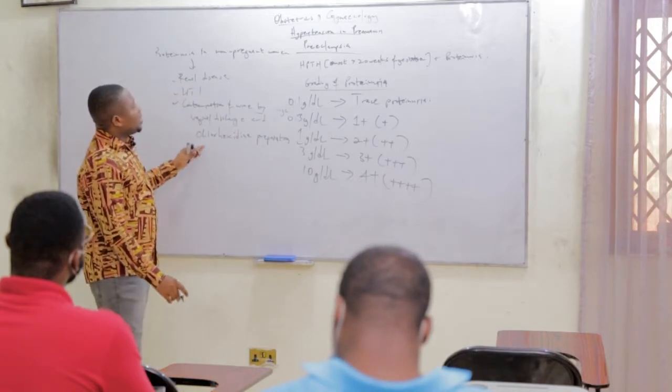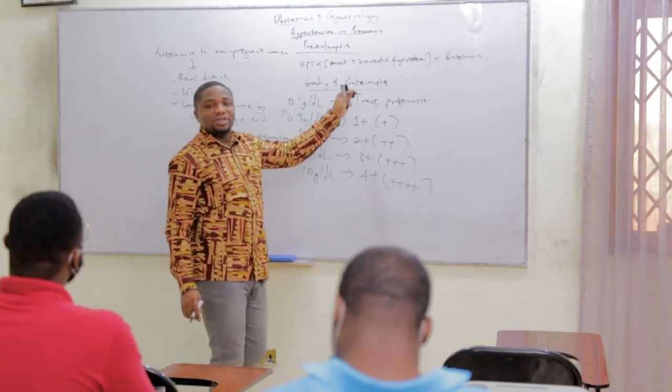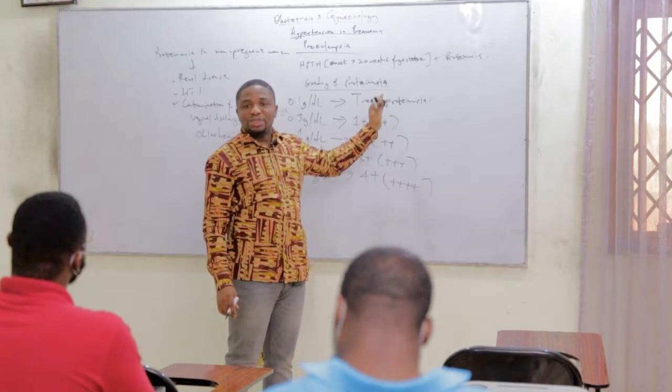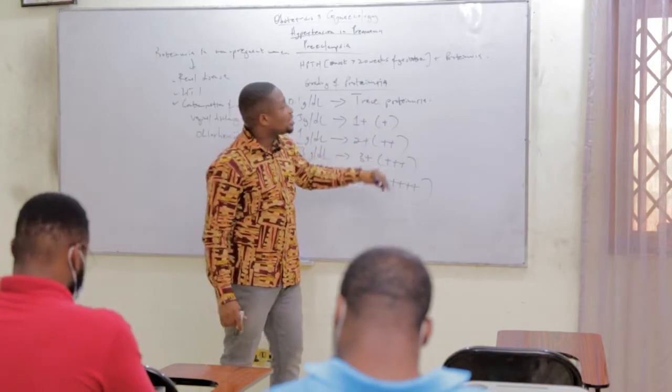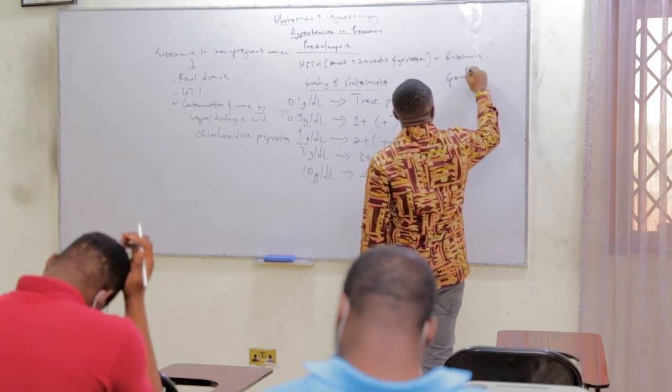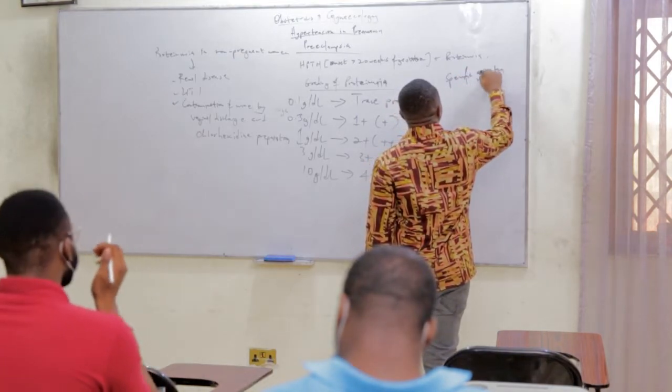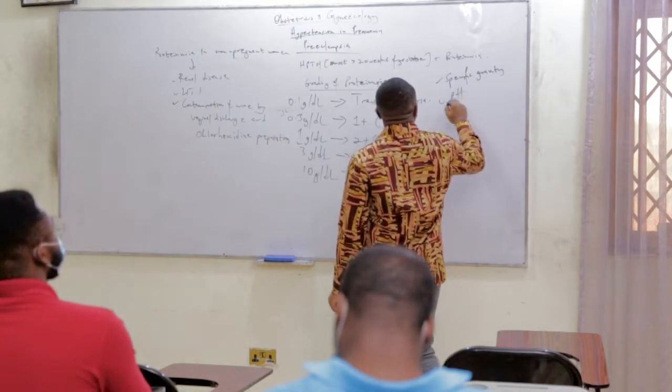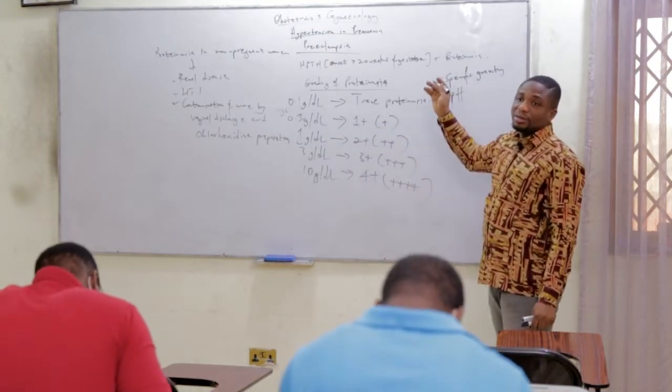All right. Now, I told you the proteinuria, whether it's present or not, can be influenced by certain factors. The first one is specific gravity of urine. And the next one is pH.